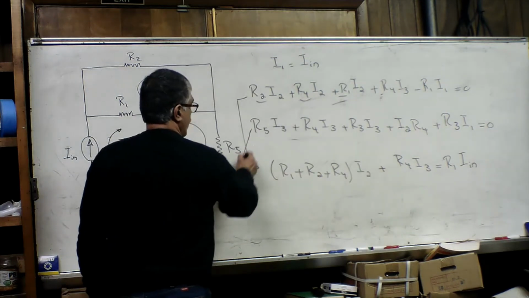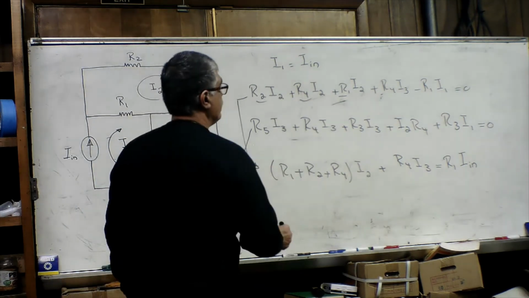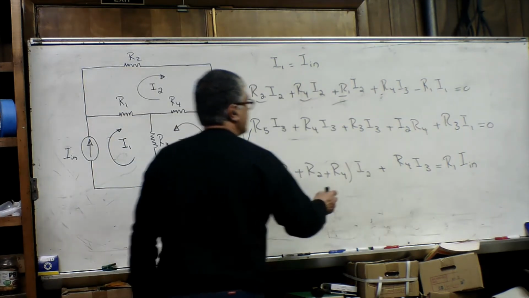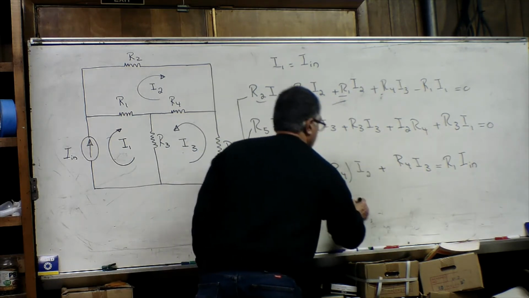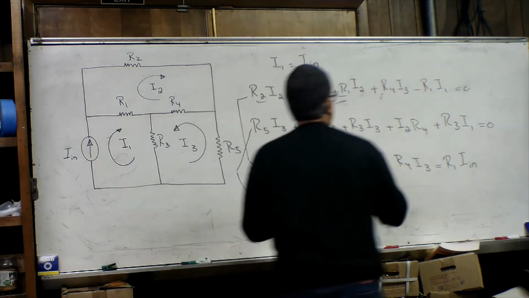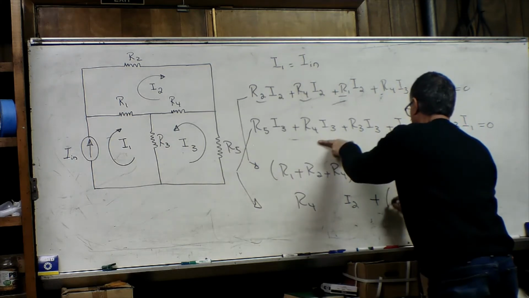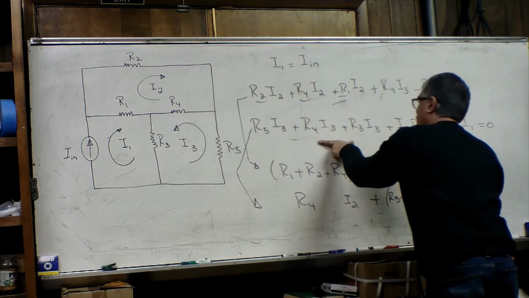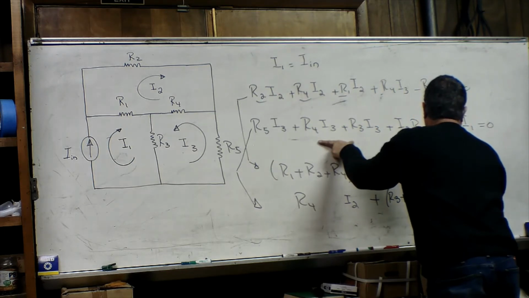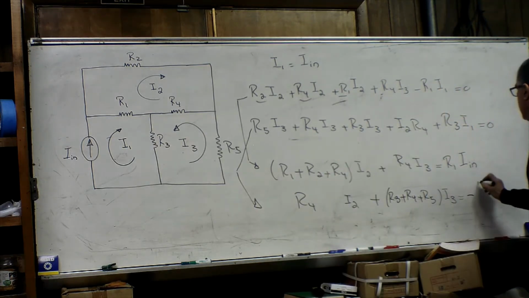And let's also rewrite this equation as R4 I2 plus R3 plus R4 plus R5 times I3 is equal to minus R3 I in.